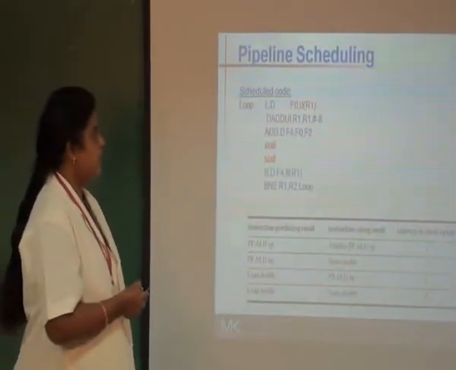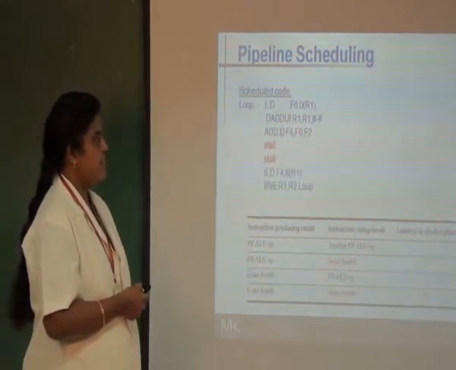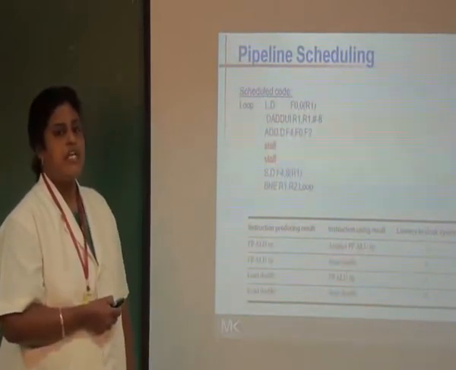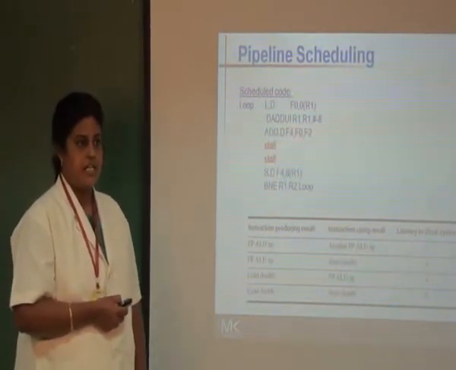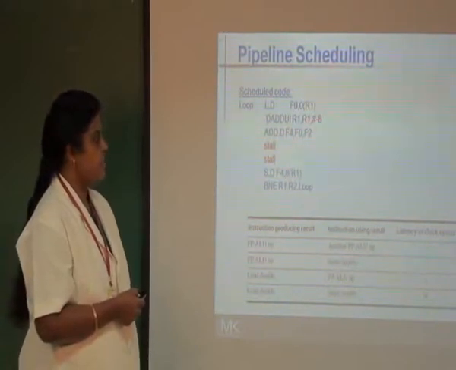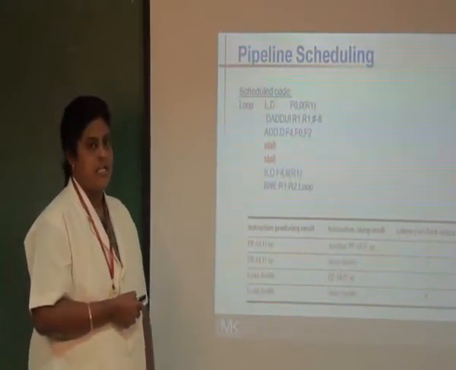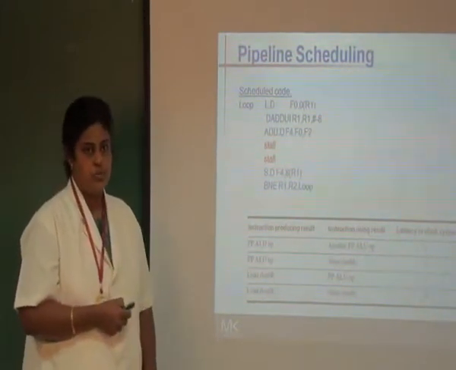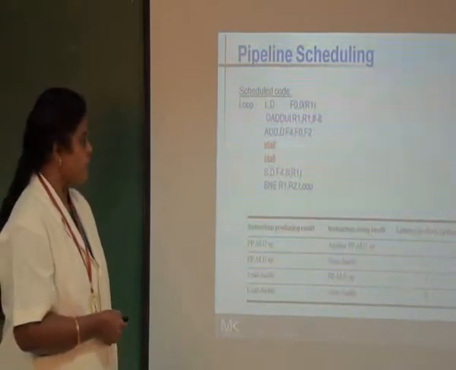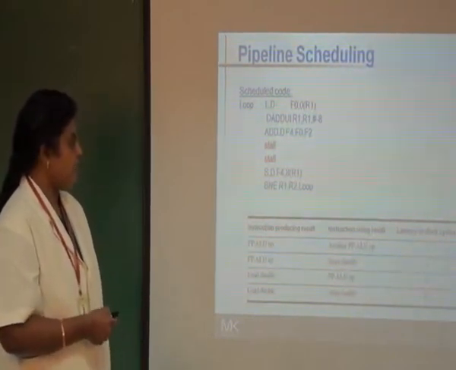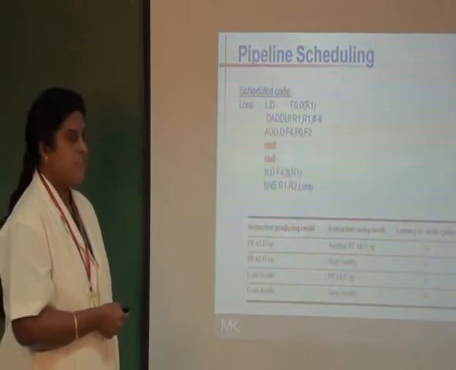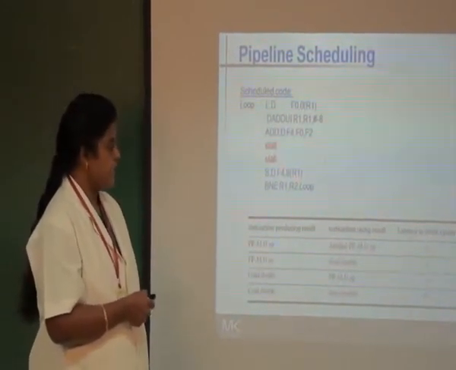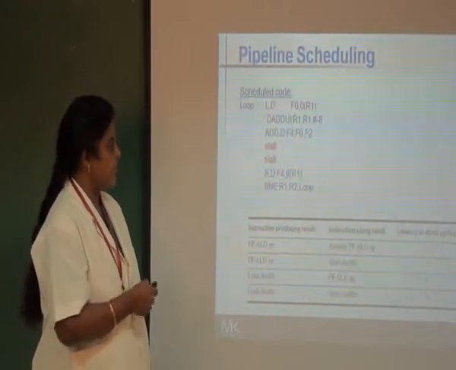Then add F4, F0, F2, the same operation happens. We have a scalar quantity in the register F2, and F2 plus F0 is added and put in register F4. This double floating point operation is going to cause two different clock cycle latencies, and then we have the store operation where we store the result of the next memory content into F4 itself, and then the loop continues.